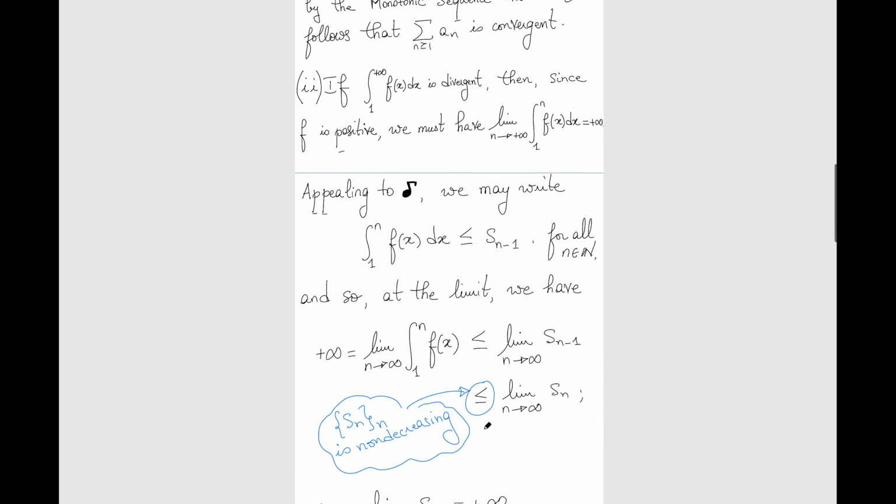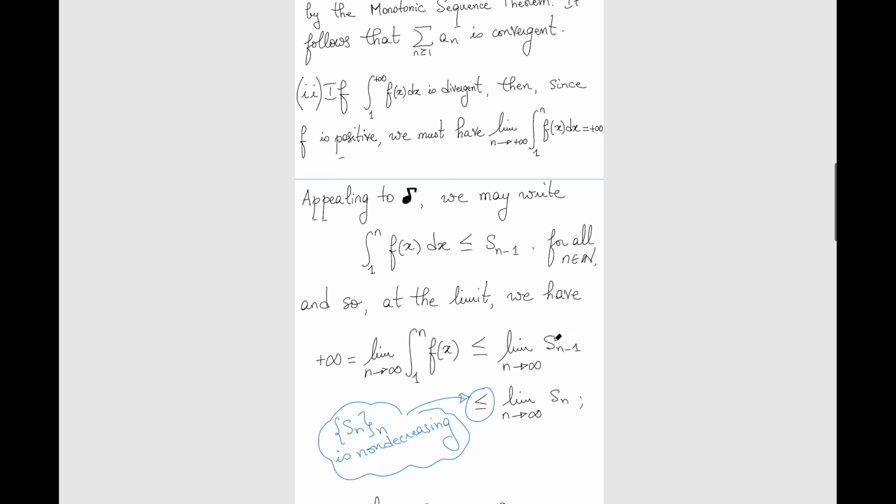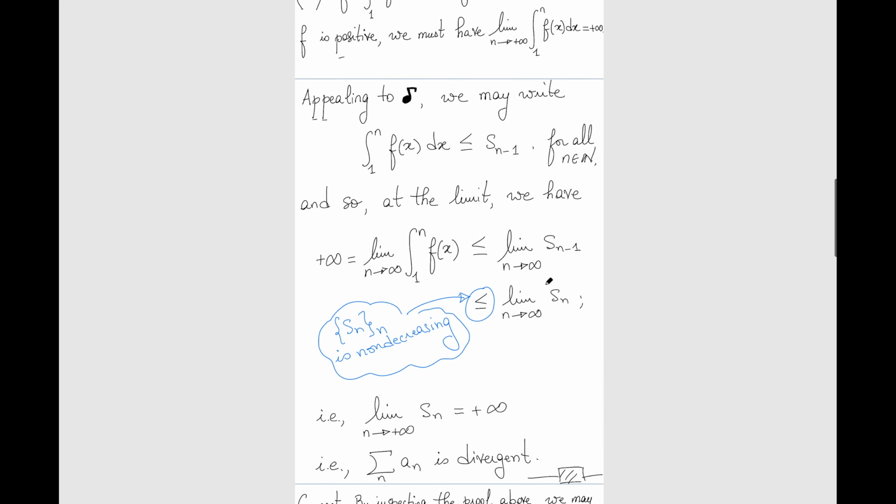Remember, the sequence being non-decreasing means that any term of the sequence is dominating its predecessor, right? Okay. All right, so this means that the limit as n goes to infinity of Sn is greater than or equal to infinity, which means it is infinity, because this is always less than or equal to plus infinity.